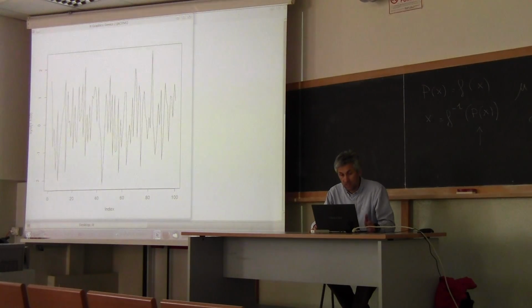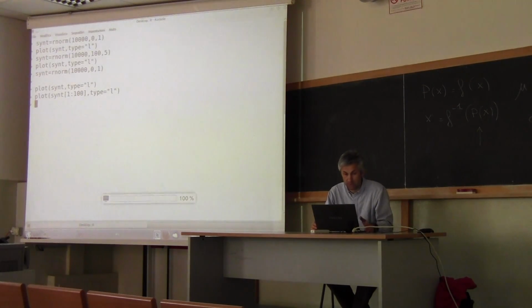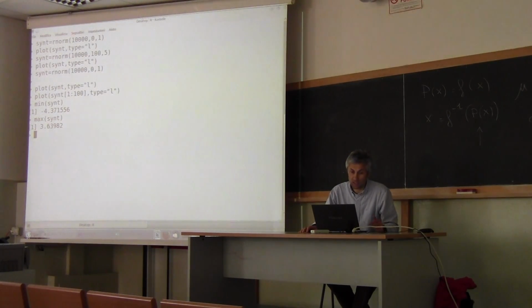And you know, here the range, let's compute the minimum and the maximum. Min is minus 4.37. The max, given that it's symmetric, you expect that the max is more or less similar. 3.63 is more or less similar. So we should start from minus 4.5 and end with, for symmetry, plus 4.5.